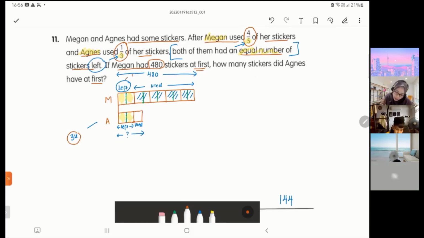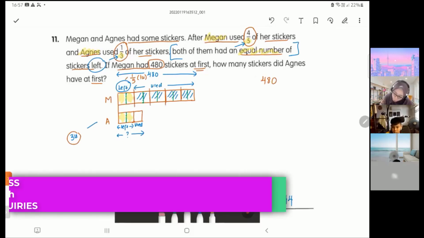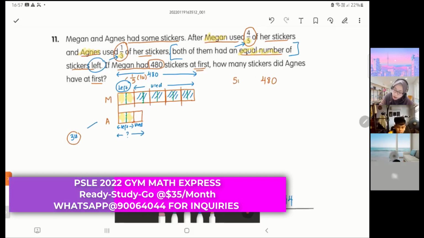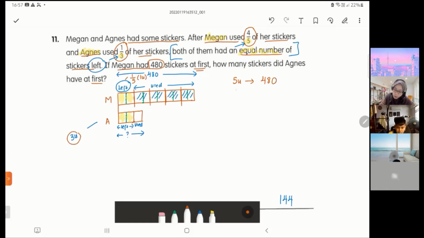This is 1 out of 5, or 1 unit. So she had 480 at first, which is actually my 5 units. The original one before I cut is these 5 units. 1, 2, 3, 4, 5. So 5 units represent 480. For Megan, I find 1 unit. 480 divided by 5 equals 96.